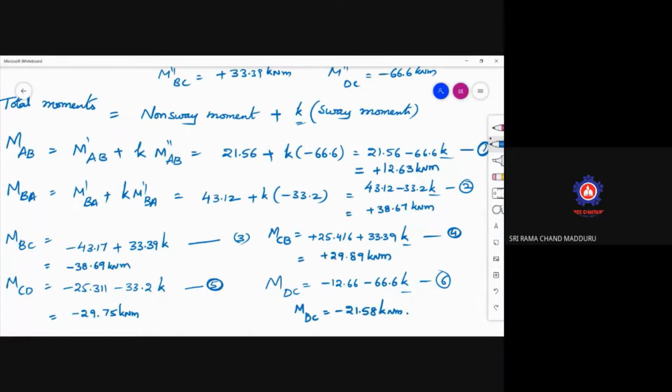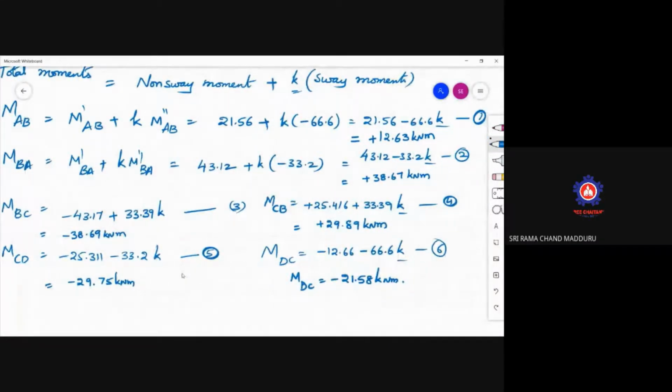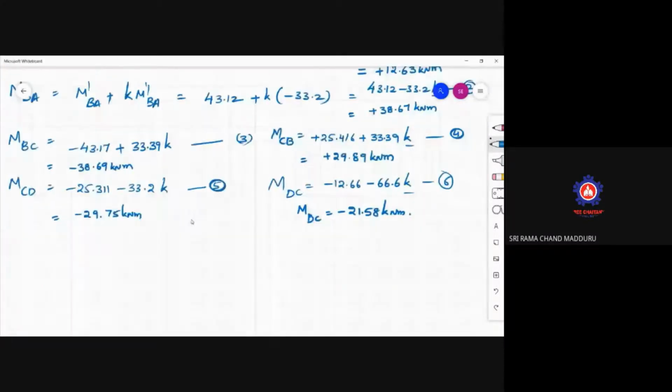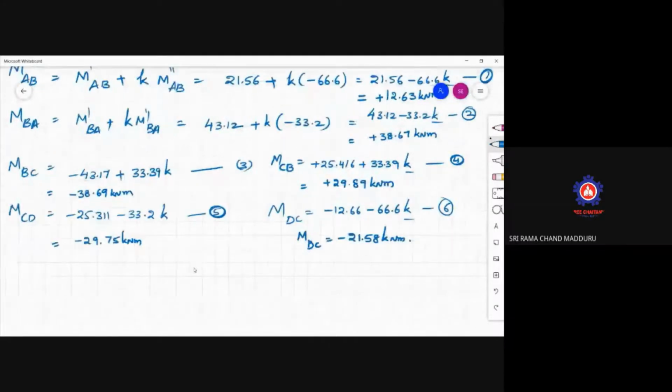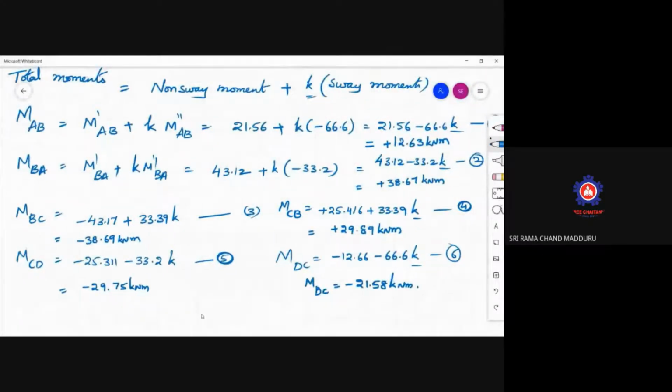So okay, the total moments are calculated here. The total moments MAB, MBA, MBC, MCB, MCD, MDC, all the 6 moments are written here after calculating the factor K. Now we have to draw the shear force diagram as well as the bending moment diagram.